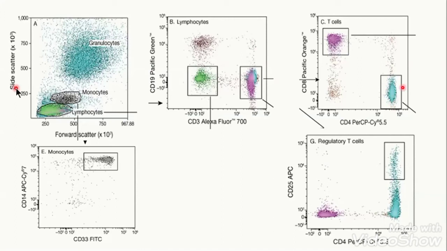Then within CD4 T cells, we can find out how many are suppressor T cells, how many are non-suppressor T cells. Then within monocyte, we can find out how many are monocyte, how many are other types of cells. So the more antibodies you add, the more proteins you analyze, and the more types of population you can analyze in a given sample.